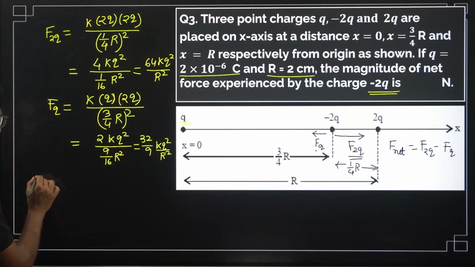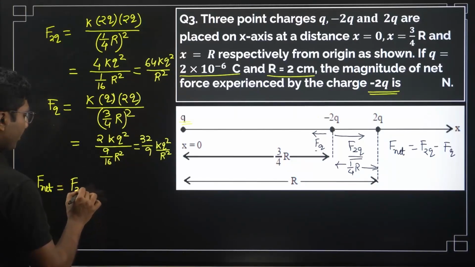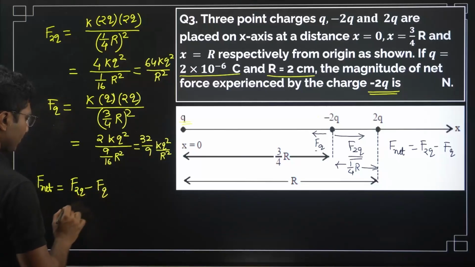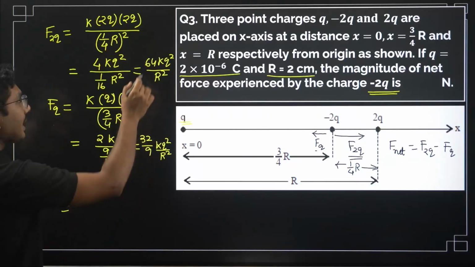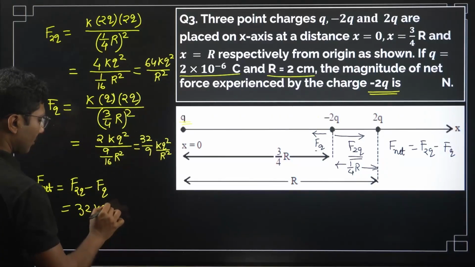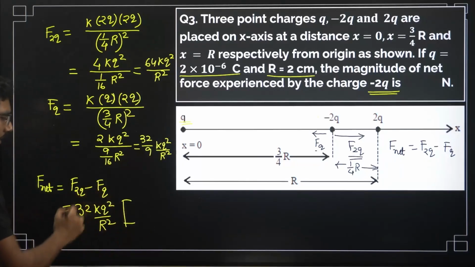So what is the net force? They asked you to find the net force. So net force will be F2q minus FQ. Now you can see that 32kq square by r square is common. This much is common.